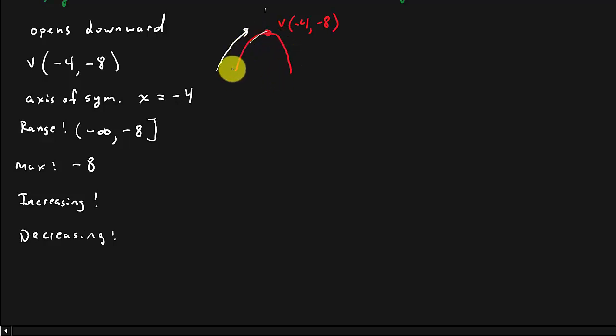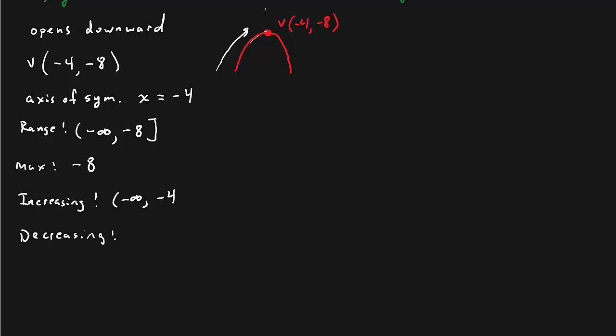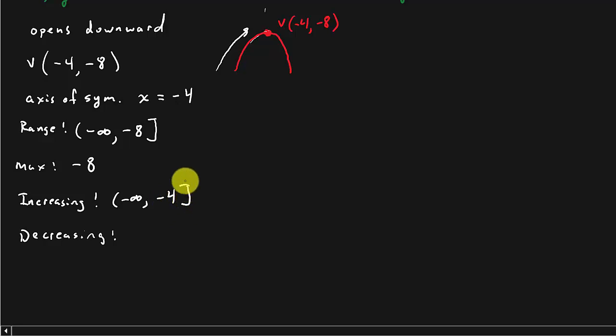So you can see that it's increasing from negative infinity, and it's increasing, increasing, increasing, and then it stops increasing right here at -4. And so there's the interval where it's increasing.